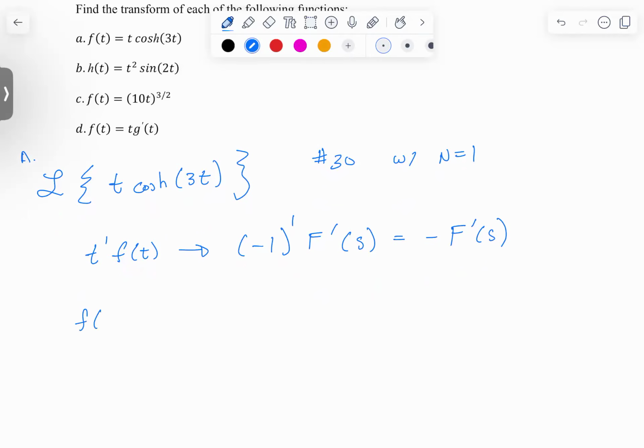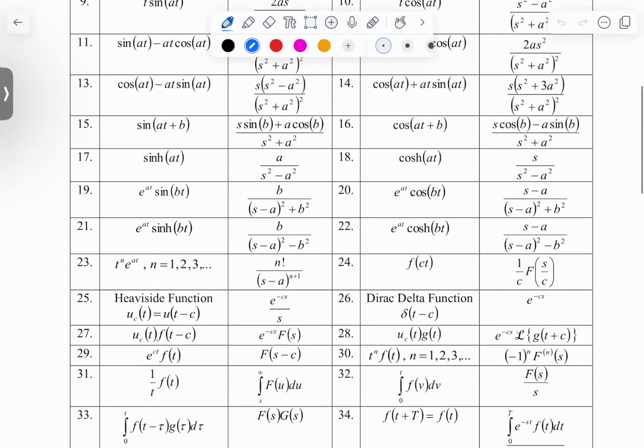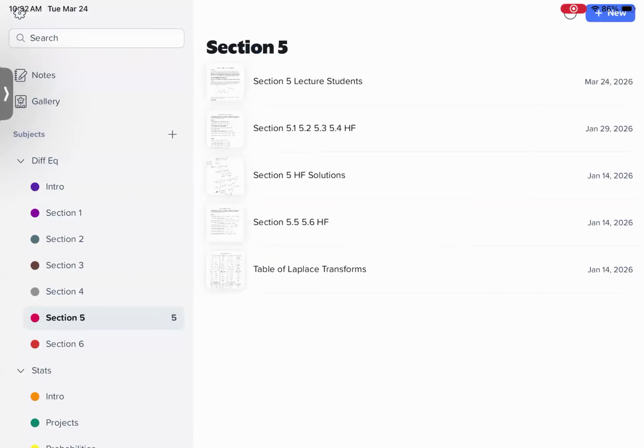In this case, f of t, what was the main part of the function? It's just the hyperbolic cosine, cosh. And then our transform becomes number 18 with a equals 3.